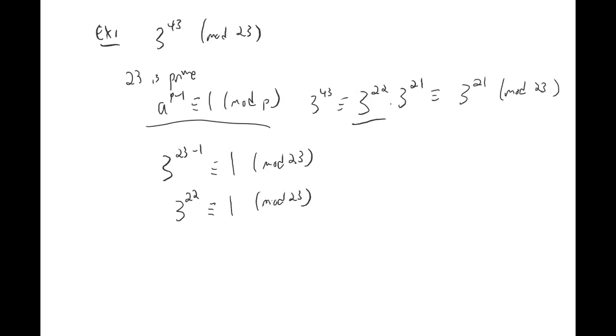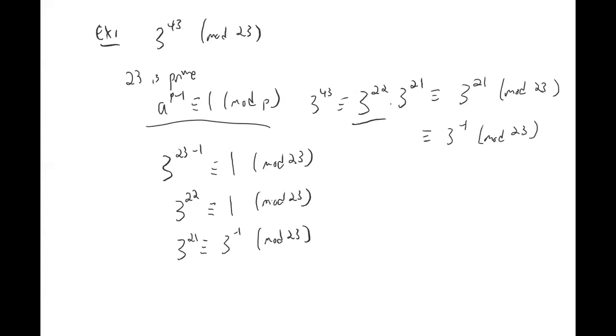Now let's figure out what 3 to the 21 is. Well, let's multiply by 3 inverse. If I multiply by 3 inverse, I get 3 to the 21 is congruent to 3 inverse mod 23. So all you need to do is figure out what the inverse of 3 is.